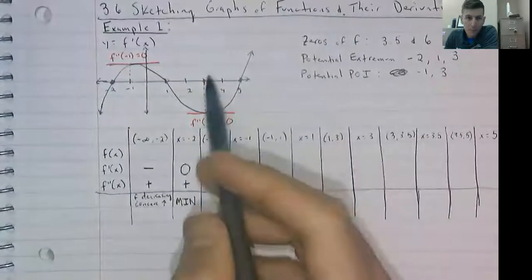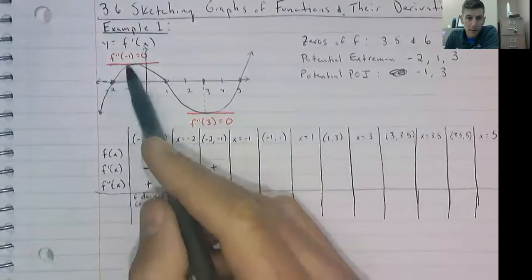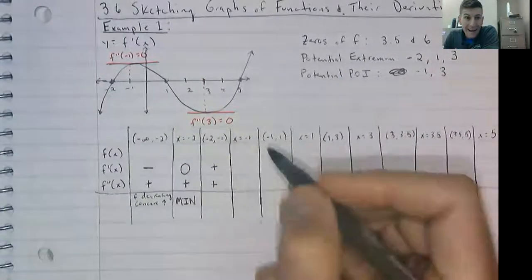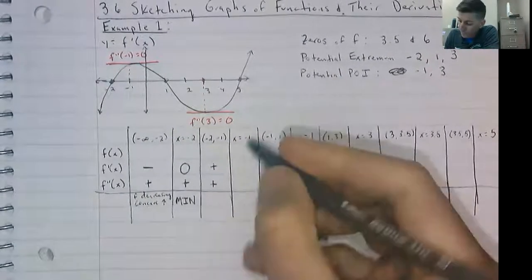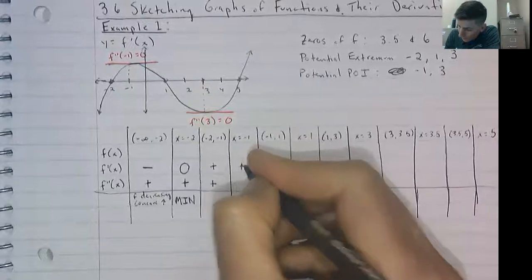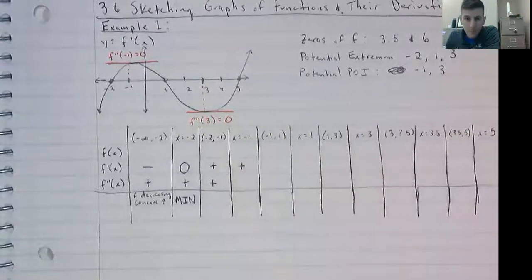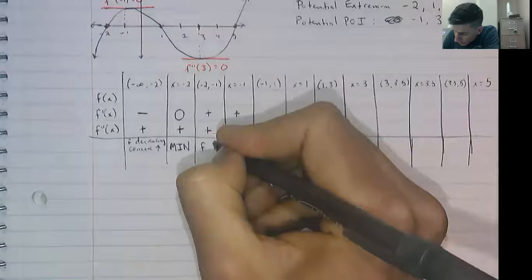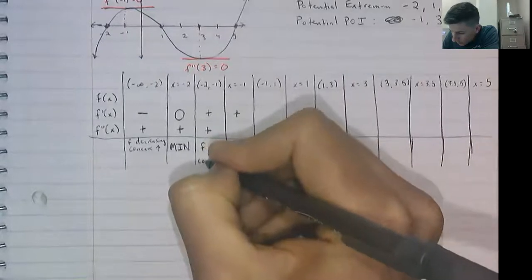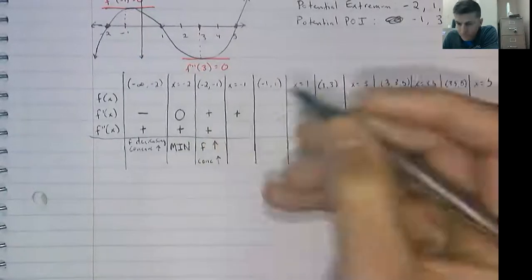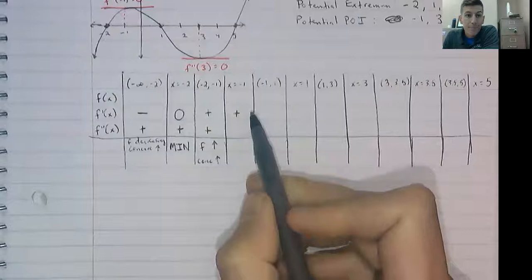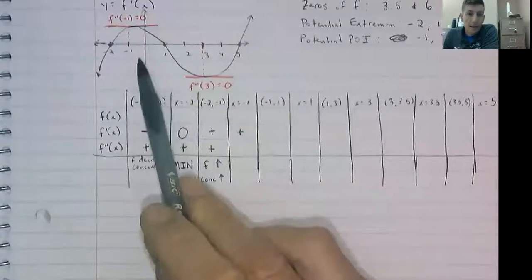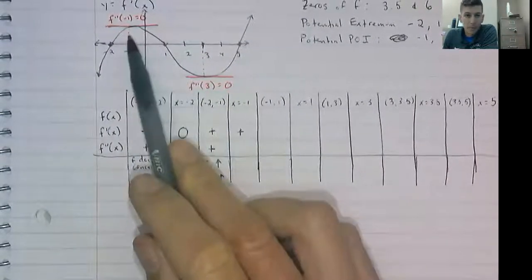On this interval, our second derivative, so from -2 to -1, is still positive. At x equals -1, our graph is still increasing. And I guess we could say this, that f is increasing, and we'll go concave up. Cool. Once we get to -1, derivative is still above the x-axis.